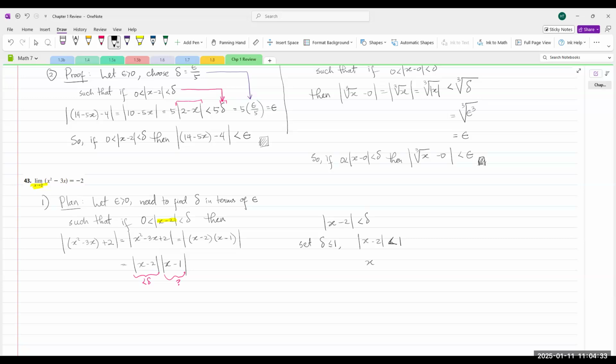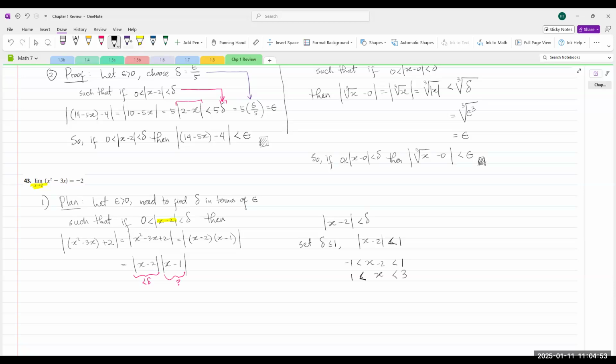Therefore, x minus 2 is between -1 and 1. If I add 2, then x is between 1 and 3.